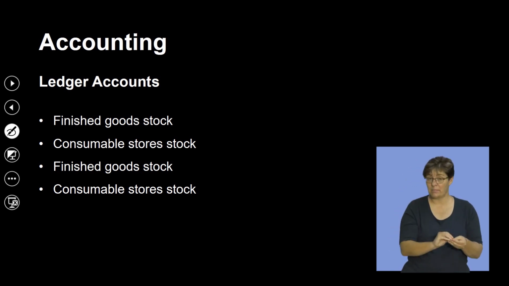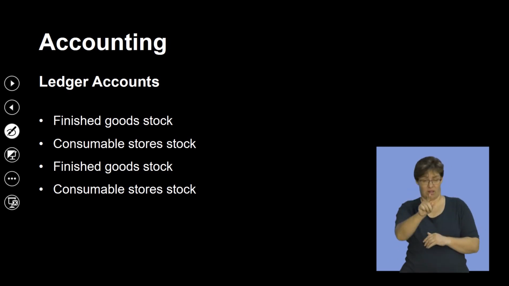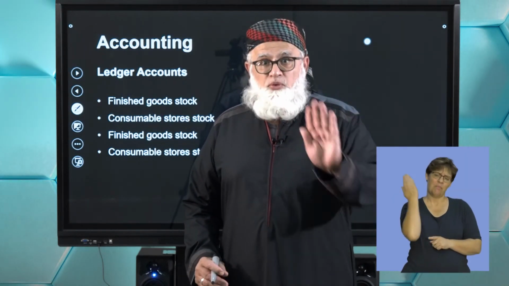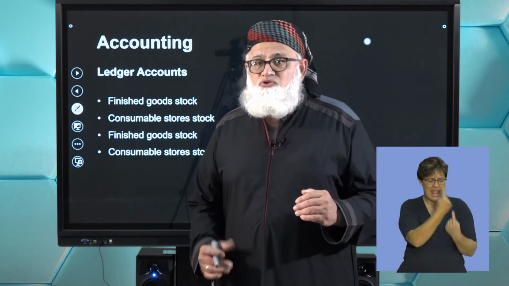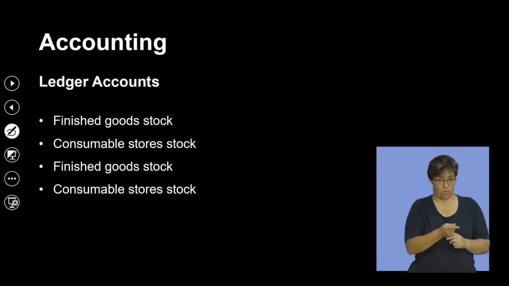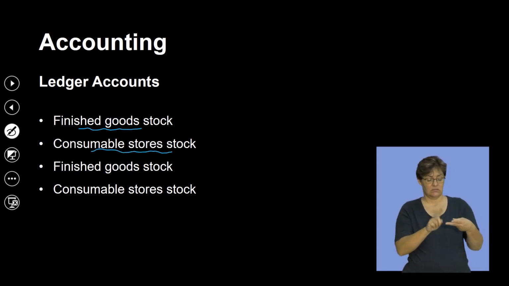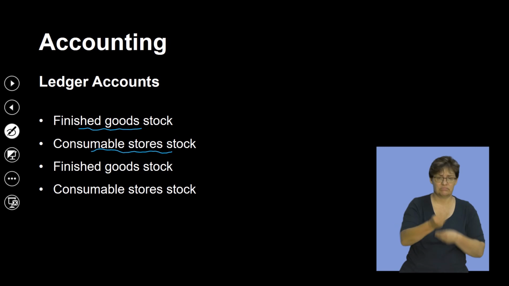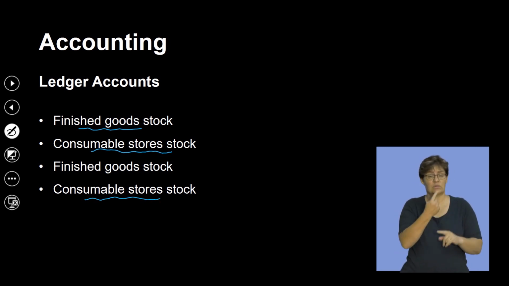We said these are new ledger accounts, and you must know these ledger accounts because in our previous lessons, we went through these accounts in detail, explaining each account and the origins of each entry. That's important. So we looked at the finished goods stock account and the consumable store stock account. You can see these two are repeated, but these are important accounts that we will be dealing with.